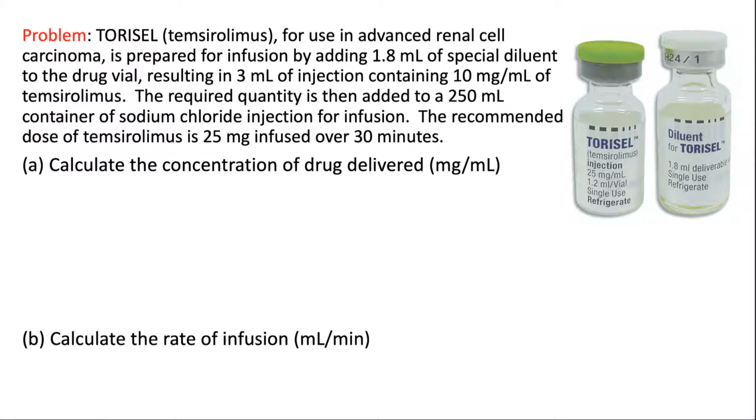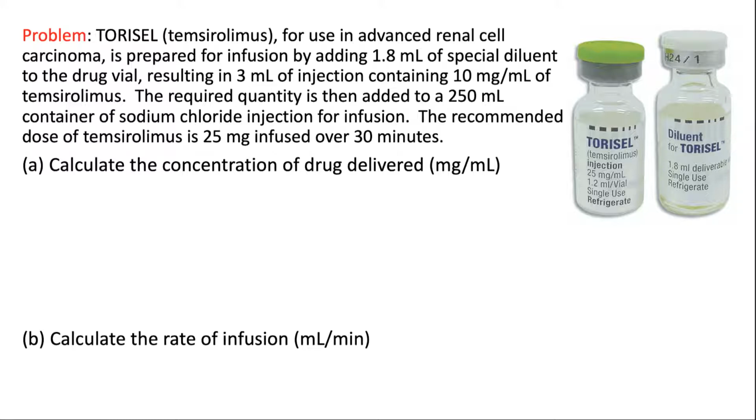Okay. So it says, this drug, temsirolimus, is made or reconstituted by adding the 1.8 mils of the special diluent to the drug vial. That combination results in a total volume, as we said before, of 3 milliliters, and that concentration of 10 milligrams per milliliter. So that's basically what we just described that happens.